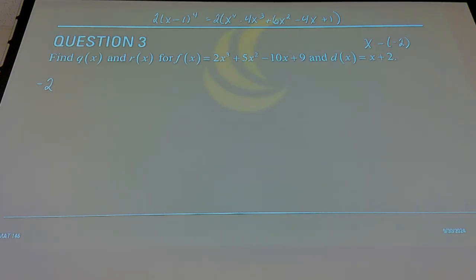So standard form is a sub n x to the n plus a sub n minus 1 x to the n minus 1, plus so on. It has to be fully expanded and in descending order of powers. Once you make sure it is in standard form, you now just write out your coefficients.